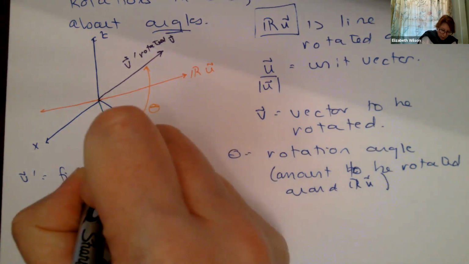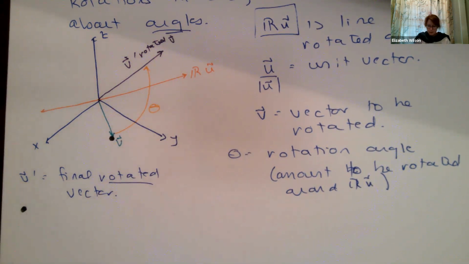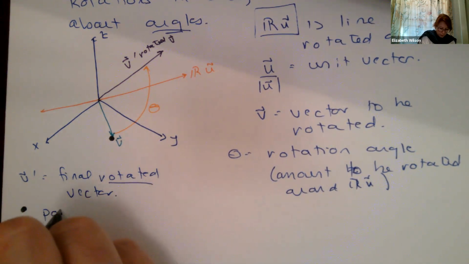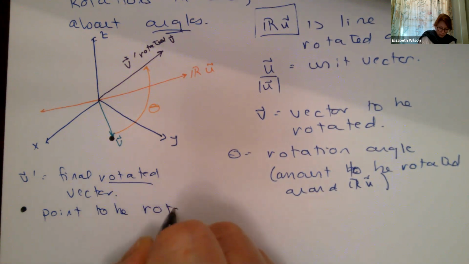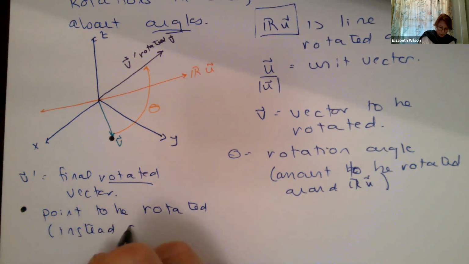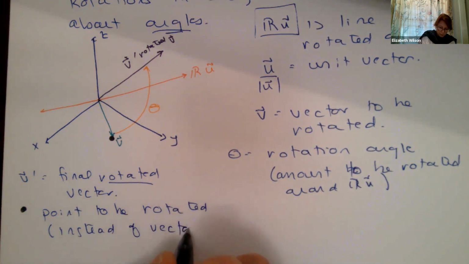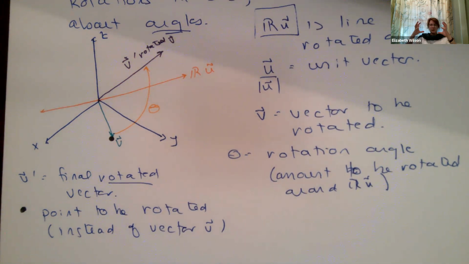Okay. And then I'll just do this in black here. Say we wanted to rotate a point instead. So we're rotating a point instead of a vector v. Like say, for example, I've got a sphere and it has a center, but I want to rotate this whole sphere around something in 3 dimensions.